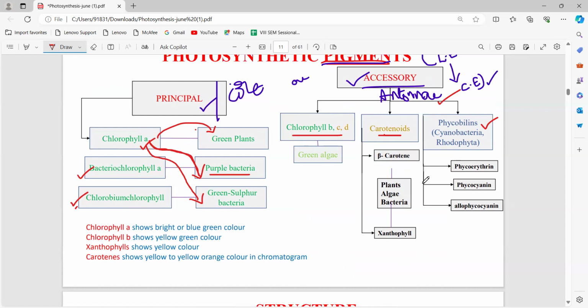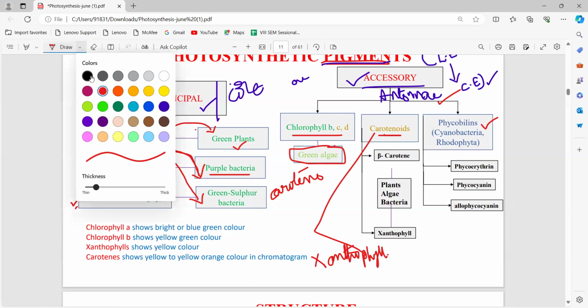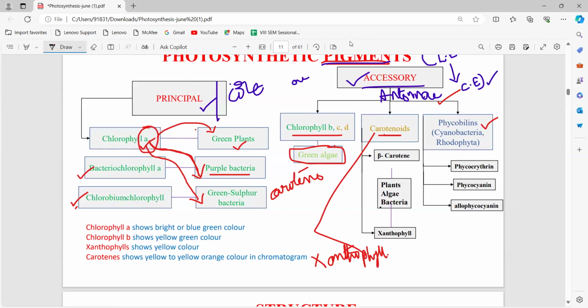What I told you just now, we discussed that chlorophyll A is most abundantly found only in the green plants, whereas chlorophyll B, C, D are present in the lower organisms such as the green algae. Now remember, friends, carotenoids are basically of two types. Number one, we call carotenes, and number two, we call xanthophylls. Now, what is the significant difference between carotenes and xanthophylls with respect to structure?